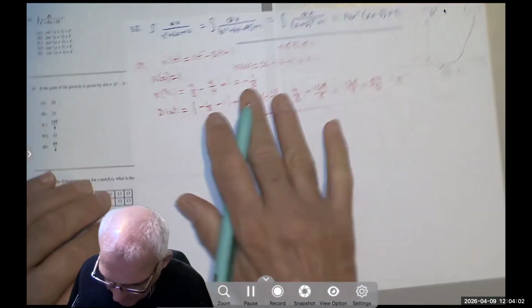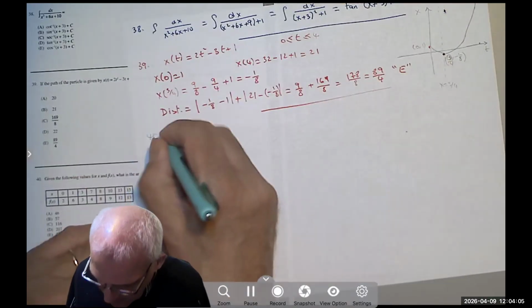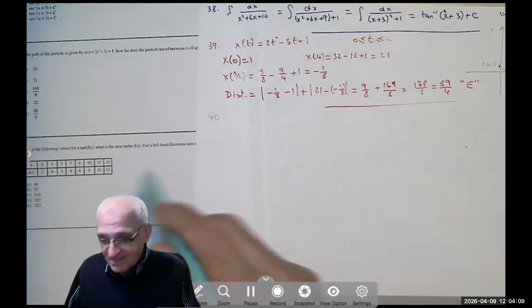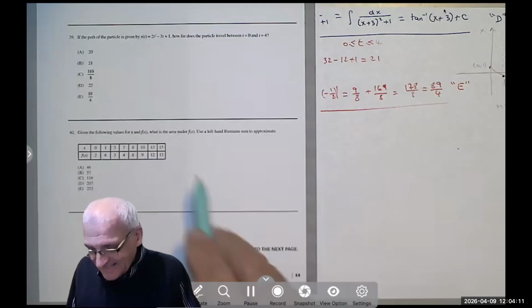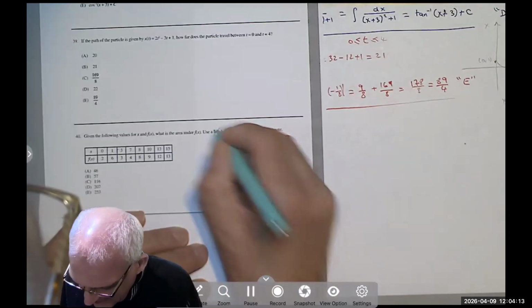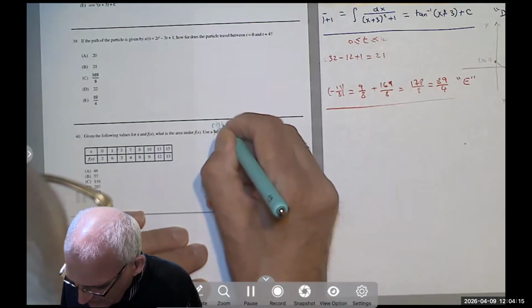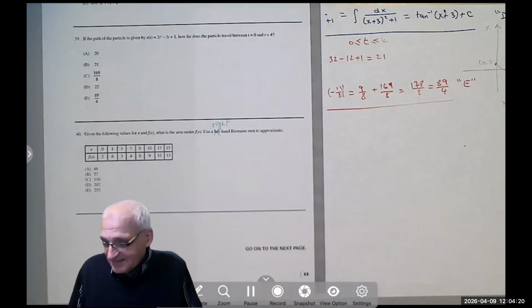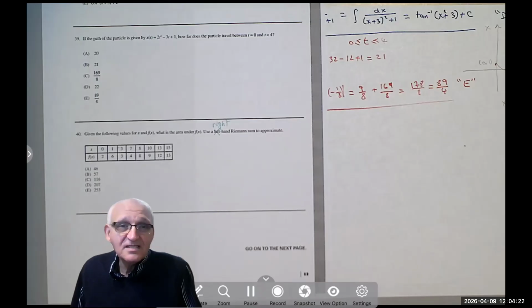Alrighty, number 40. By the way, I was taping this earlier, and I was using the left-hand Riemann sum as they did. My answer turned out to be 97, which is not here at all.